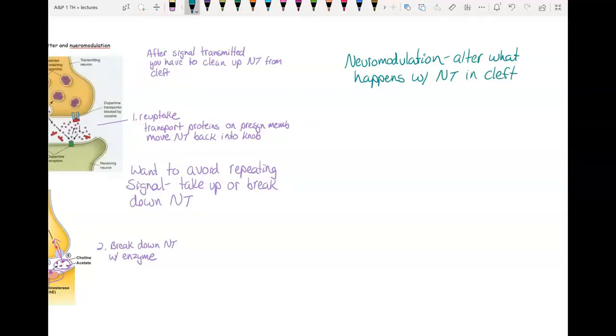A lot of times you're going to act to keep the neurotransmitter in there so that you do repeat the signal.